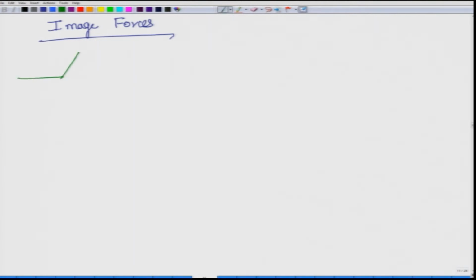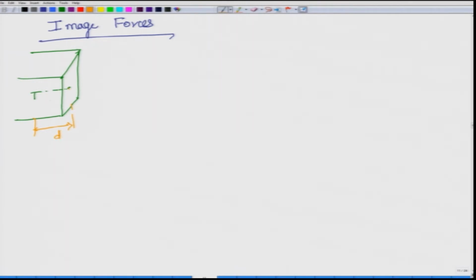So, let us say that you have a single crystal like this. Now, let us say that there is a dislocation like this, which is some distance d away from the surface.